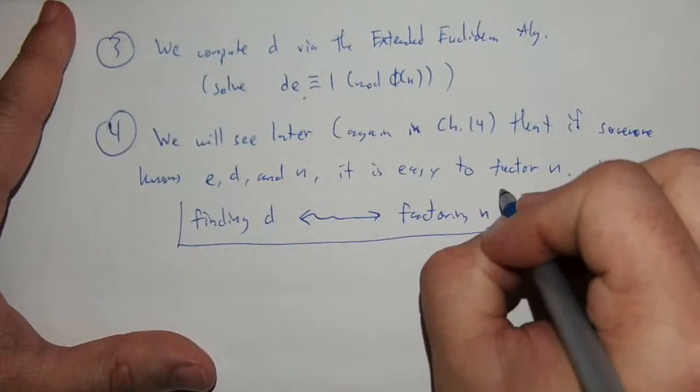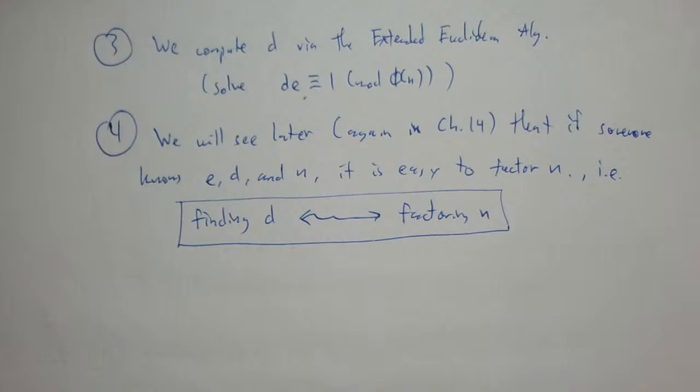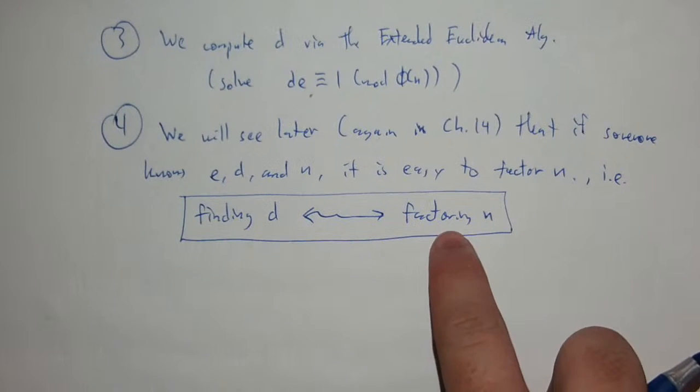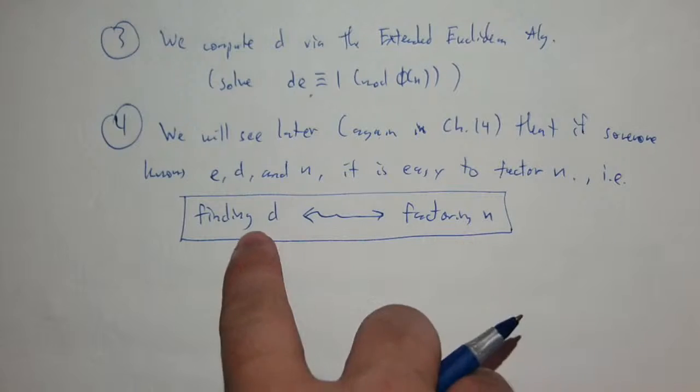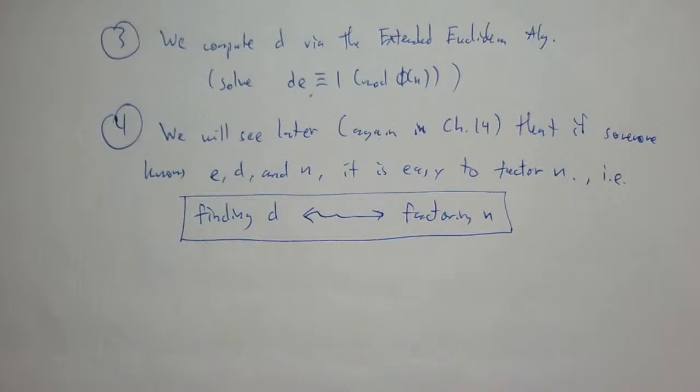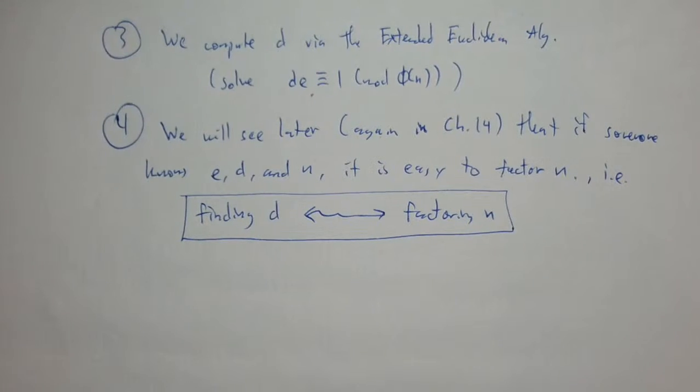So why is this important to note? Because if we have faith that factoring n is a difficult problem in general, well, if it's equivalent to finding D, then that's saying that finding this D is a difficult problem. But finding D is all that's required to be able to decrypt. So it means that finding D via factoring n is hard.